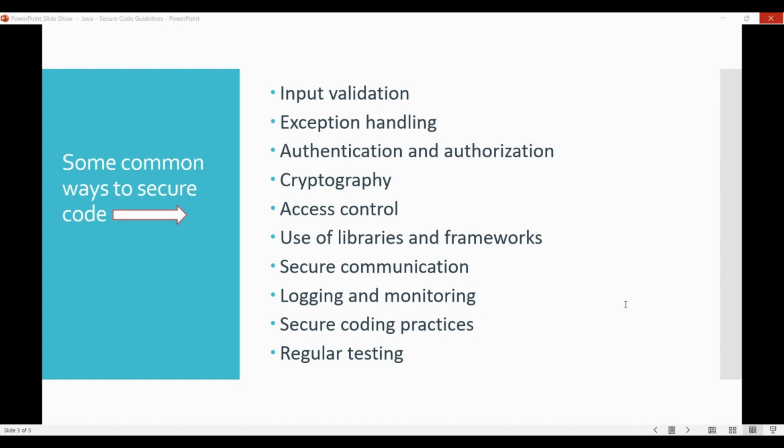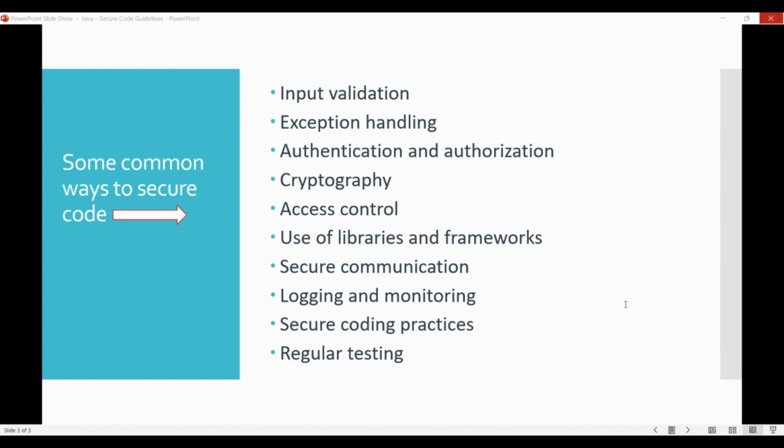The second one is exception handling, properly handling the exceptions and errors to avoid revealing sensitive information to attackers. Next is authentication and authorization, implementing secure authentication and authorization mechanisms to control access to sensitive data and resources.